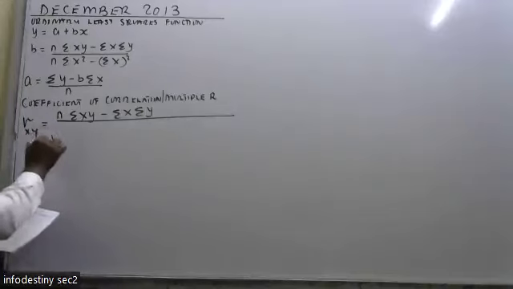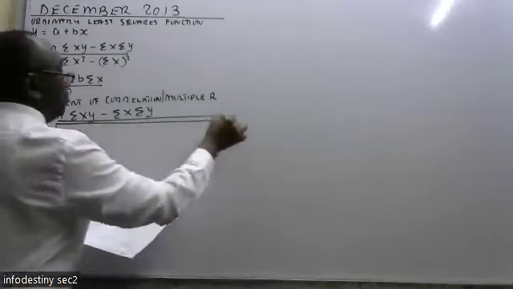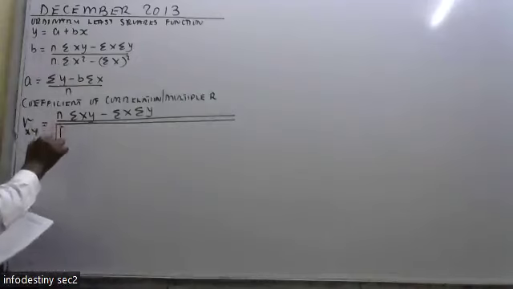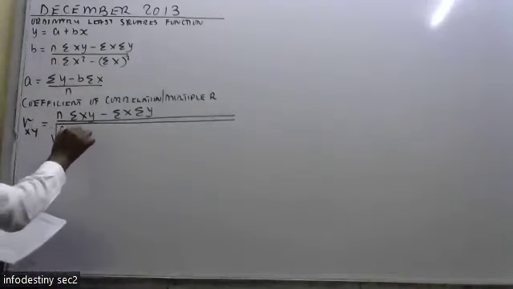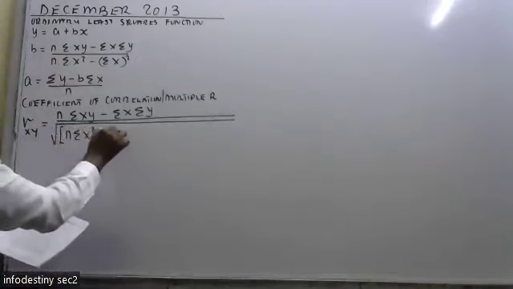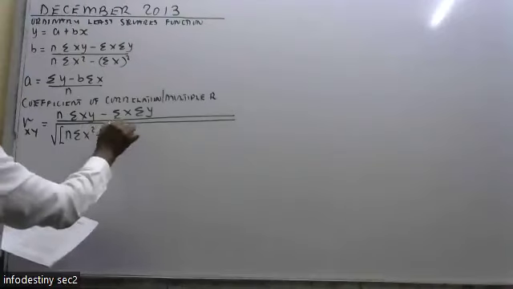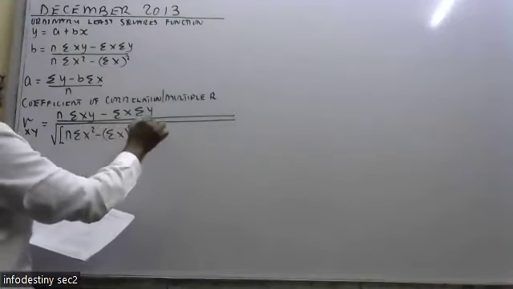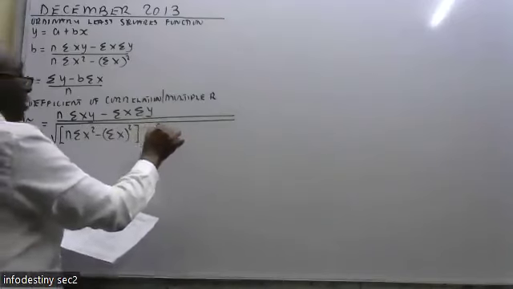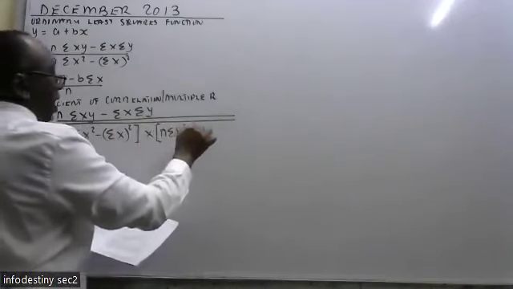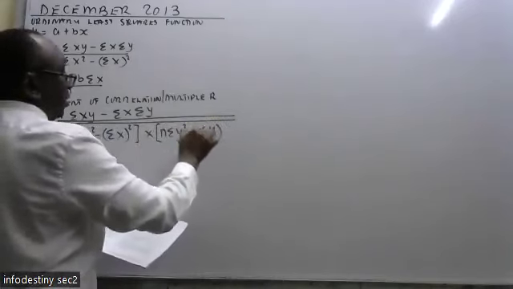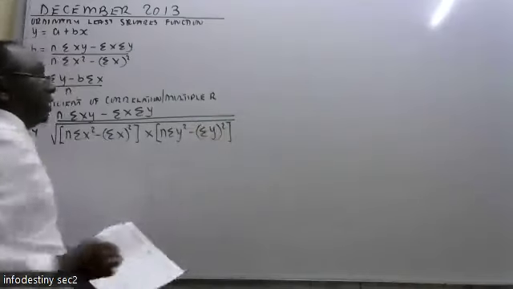All this you should divide by the root of, into brackets, n sum of x squared minus sum of x, this one to be multiplied by n sum of y squared minus sum of y. That is how we get it.